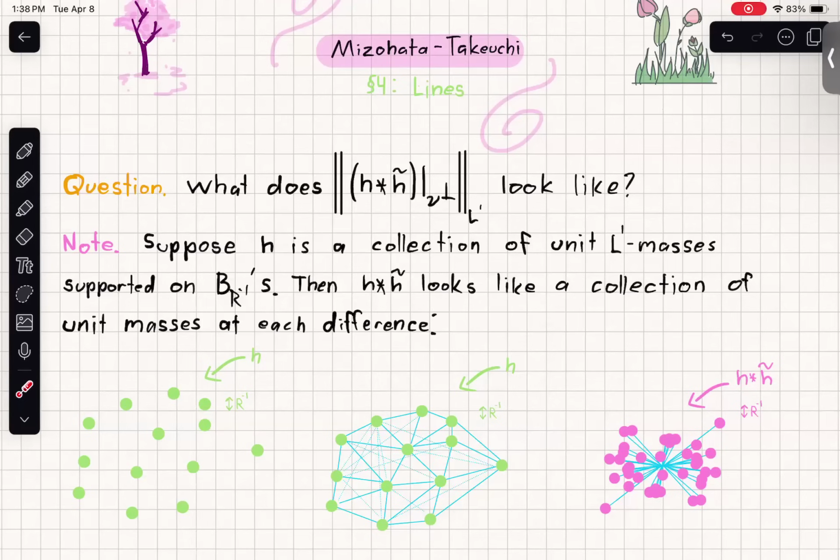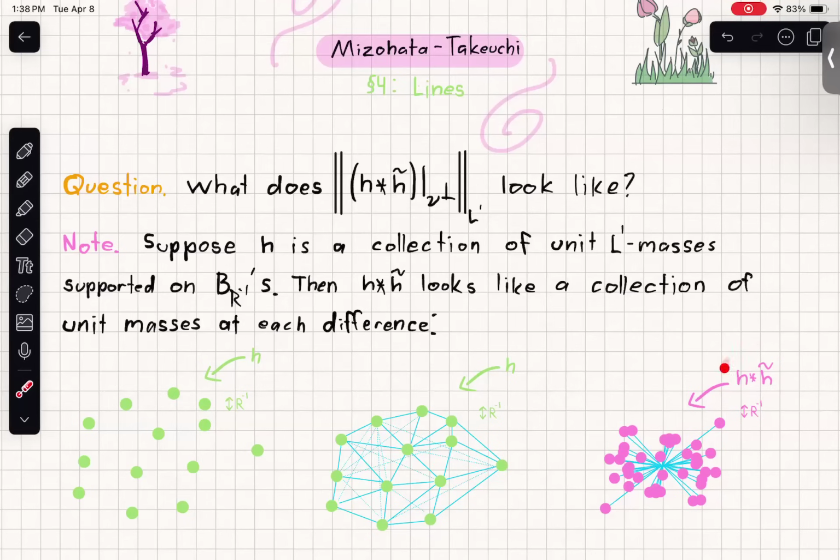And the idea is that we're taking this difference set and then we want to look at these difference vectors and where they concentrate. So for each of these differences, these are all vectors. If we want to think of them as points, we can imagine translating them to the origin and looking at where they are. So that's what I've done here. I've taken all these blue things and translated them to the origin and put a mass on the end.